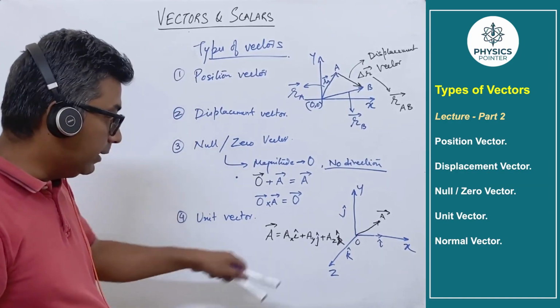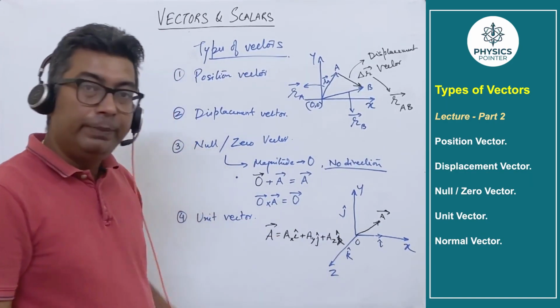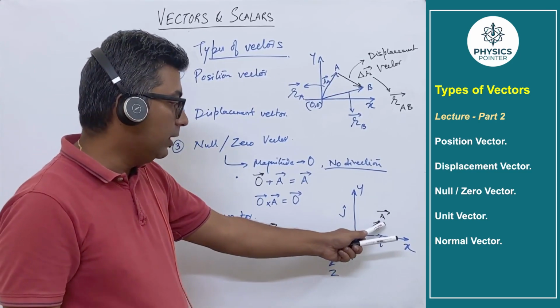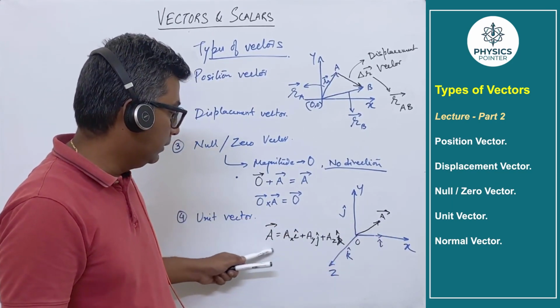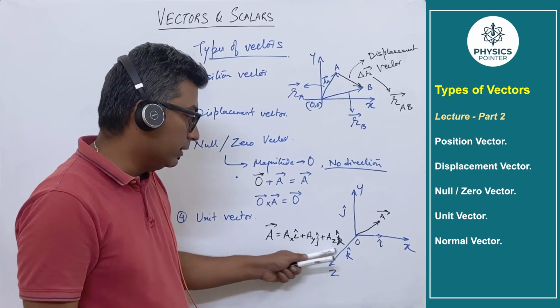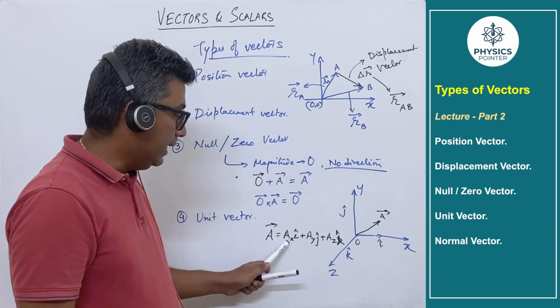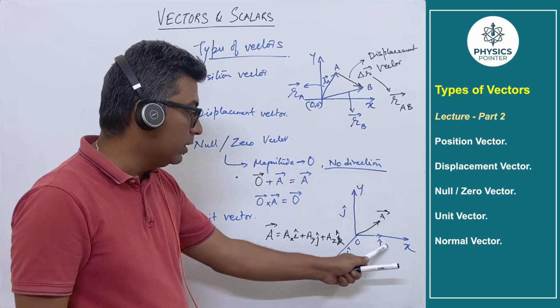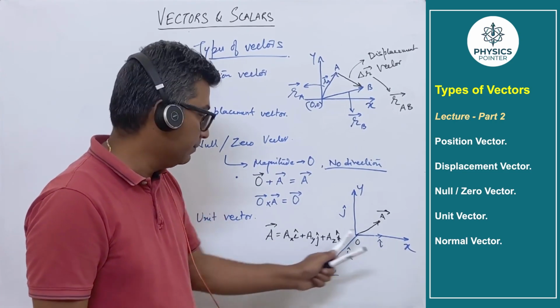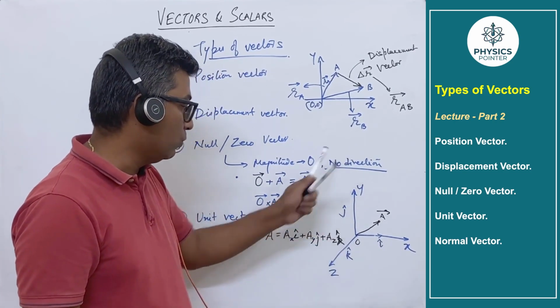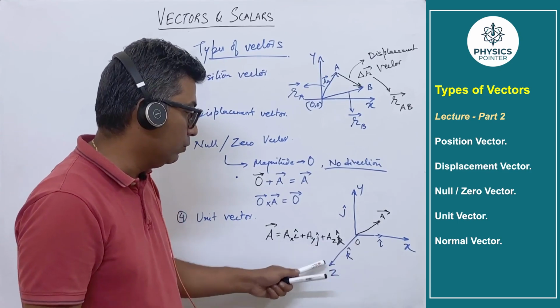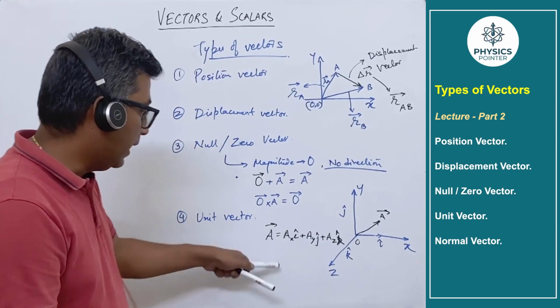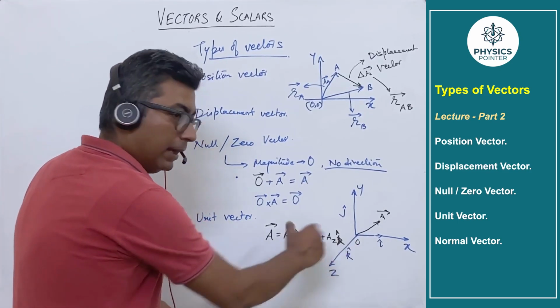What we did here is we resolved a complicated three-dimensional vector A into 3 separate components. AX is the magnitude towards the X axis, AY is the magnitude towards the Y axis, AZ is the magnitude towards the Z axis, and you can sum it up like this.